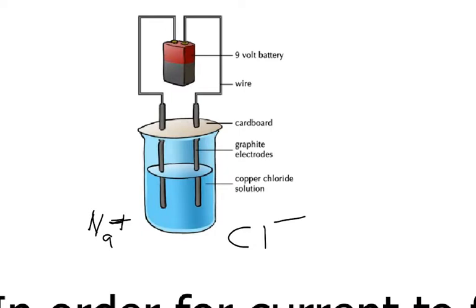Although this says it's a copper chloride solution in this particular picture. If it was sodium chloride, then it would be sodium plus and Cl minus. For copper chloride, my guess would be Cu2 plus and some Cl minuses floating around in there.